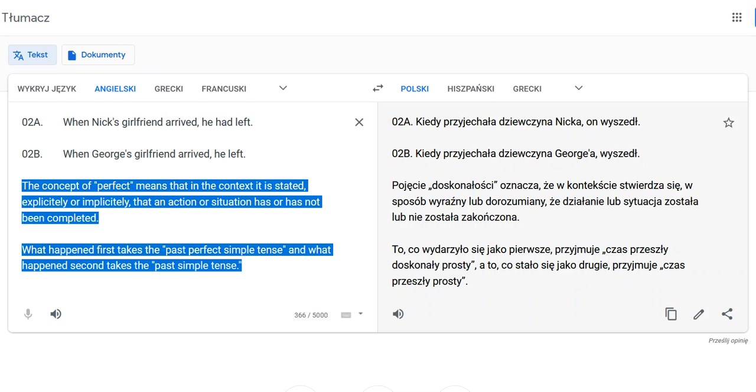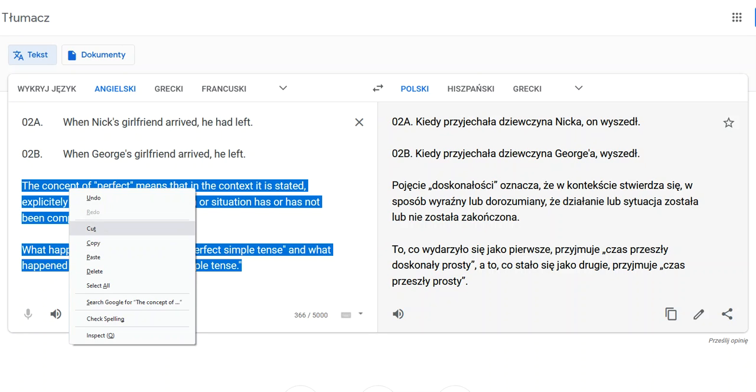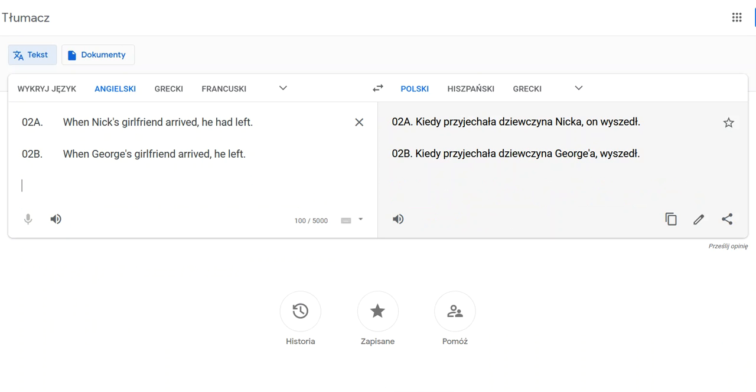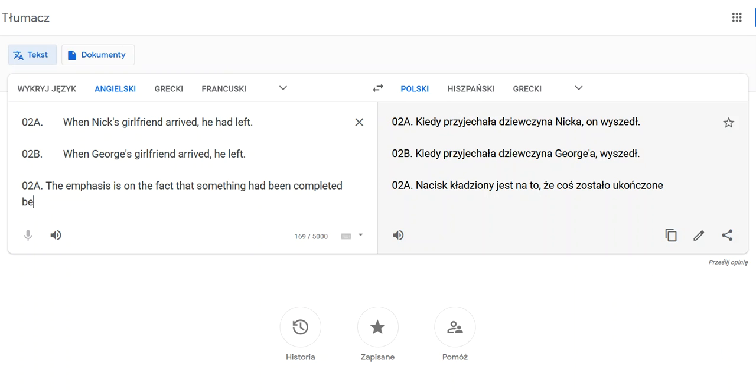So in 2a, the emphasis is on the fact that something had been completed before something else happened.